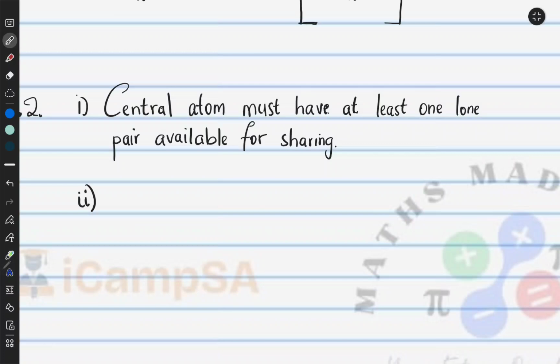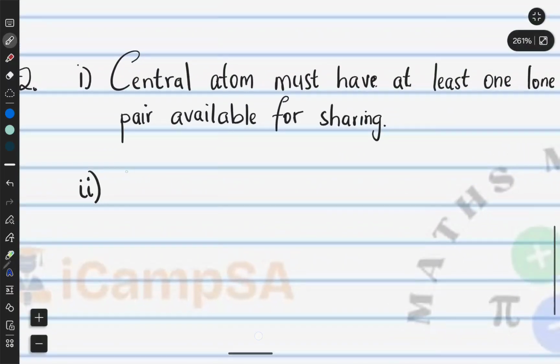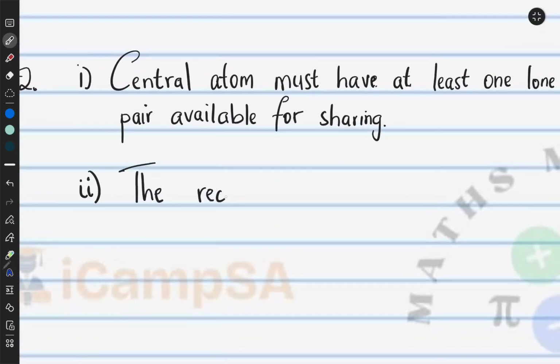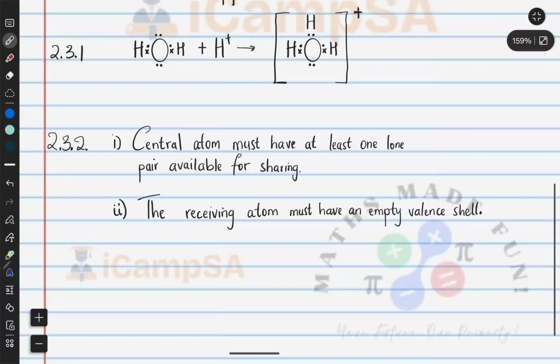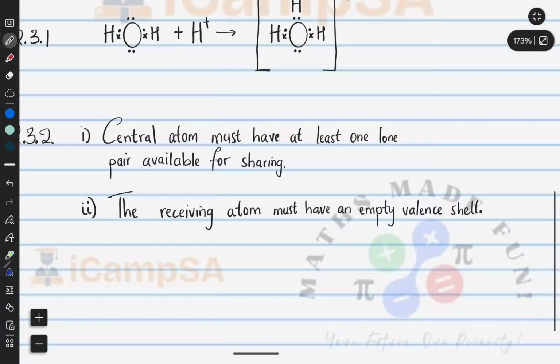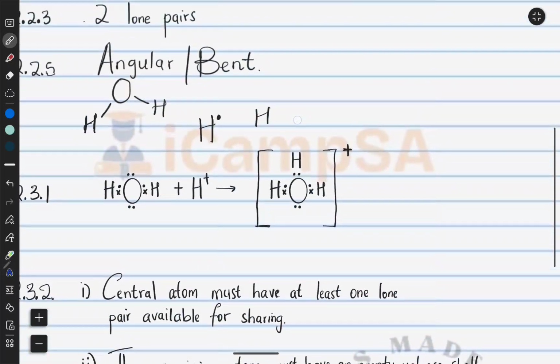And then number 2, the receiving atom or ion must have an empty valence shell.